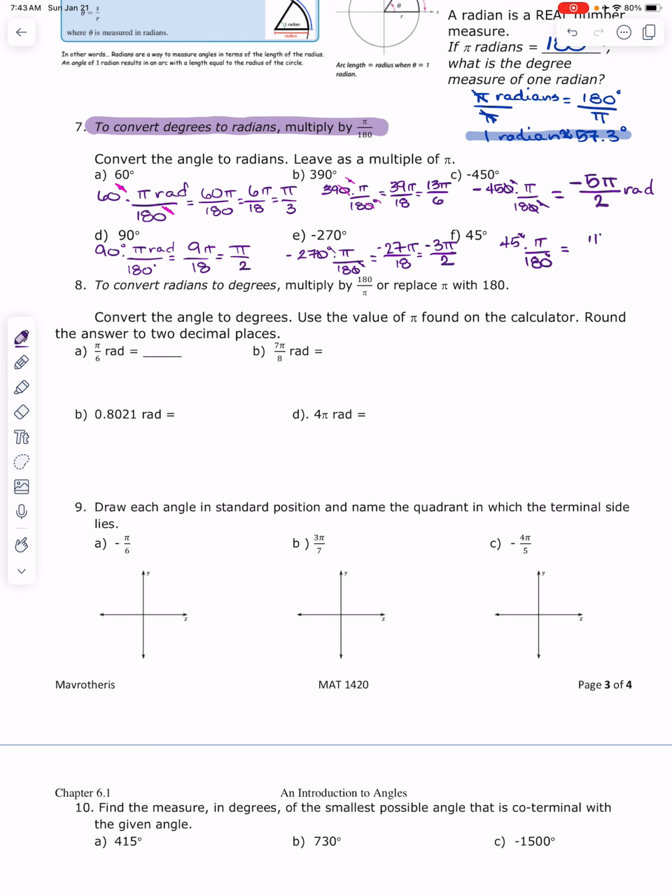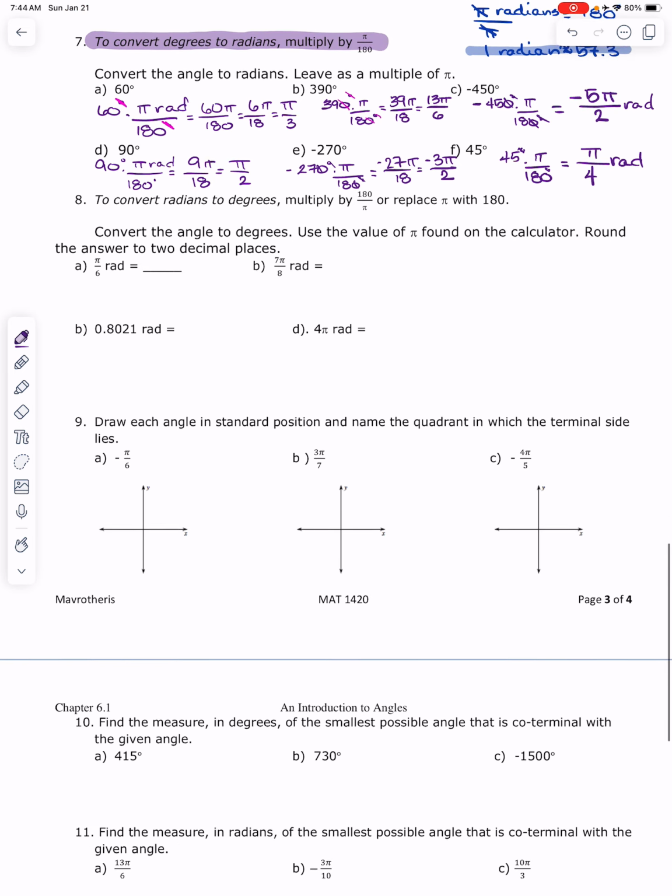So 45 goes into 180 4 times, and we get pi over 4 radians. Notice I did not cram those radians in a couple places where it was getting super crowded in the notes. All of these do have a unit of radians. We will talk in the next couple of sections about how radians is really a unitless degree. So we'll go from there with that.